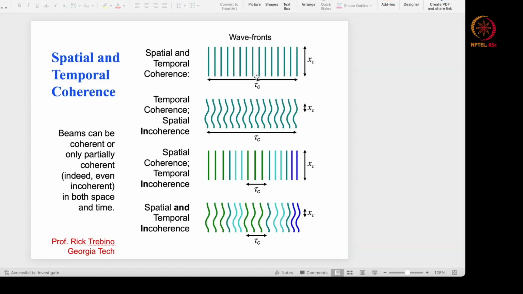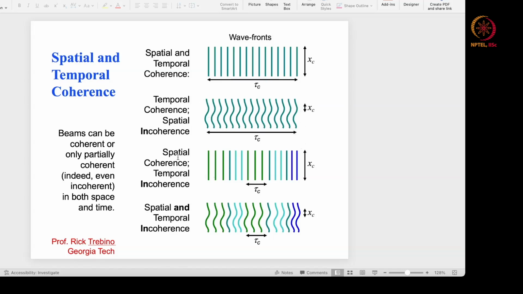This is the time for which the wavefront remains sinusoidal at a particular wavelength. Now, if you look at this particular picture, this is temporally coherent but spatially incoherent, because the spatial coherence is just a small length and this is the temporal coherence. So it maintains that.